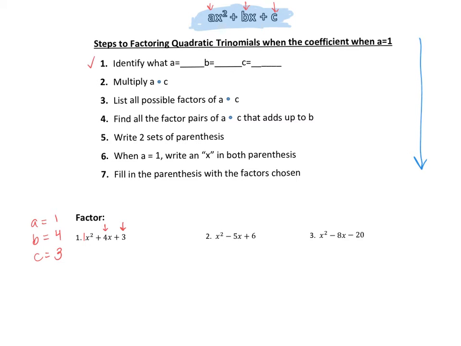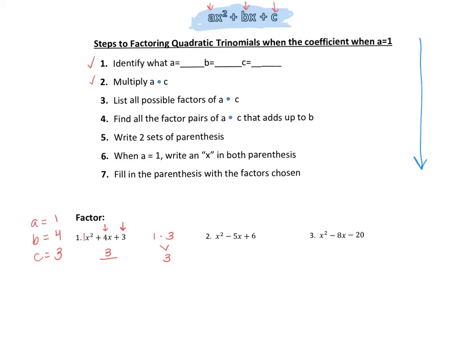We are now going to complete step 2, which is to multiply A times C. So 1 times 3 equals 3. Now we are going to list all the factors of A times C. How do we find factors?